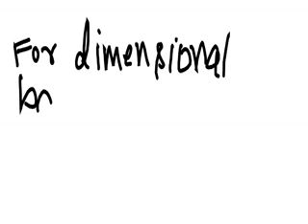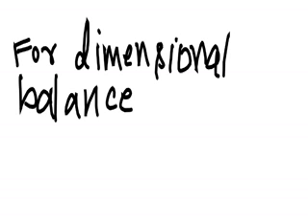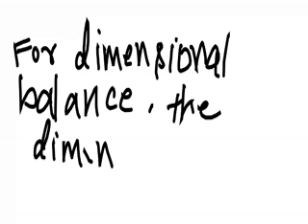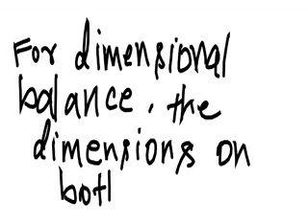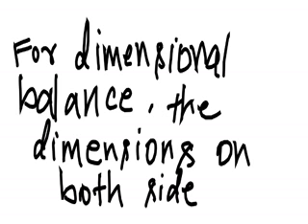For dimensional balance, the dimensions on both sides should be the same, right?